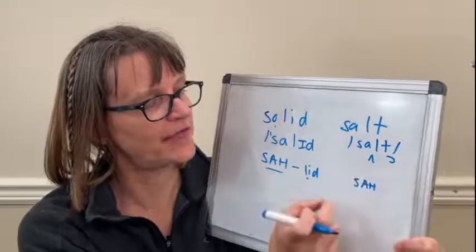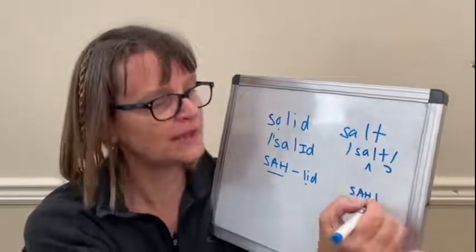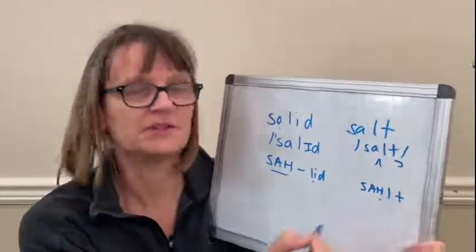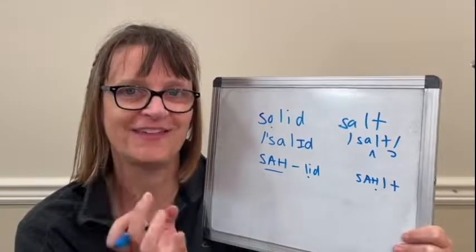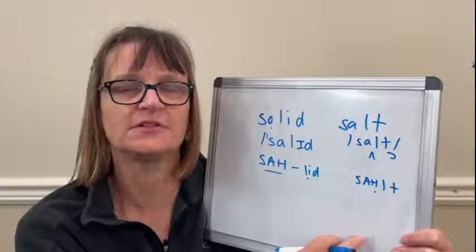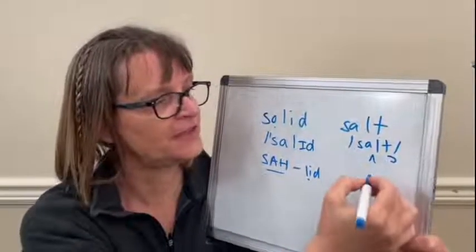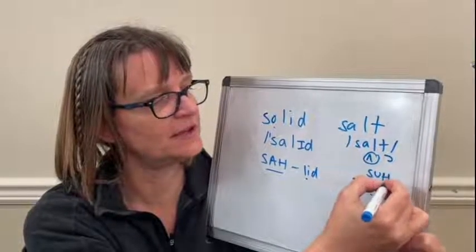That letter L is really going to affect how you're saying that vowel. And more importantly, salt, one syllable. So solid, you have plenty of time to hear that, and the L starts the next syllable, solid. Whereas in salt, I think it's really moving more towards this sound. So you might even think about it like salt.